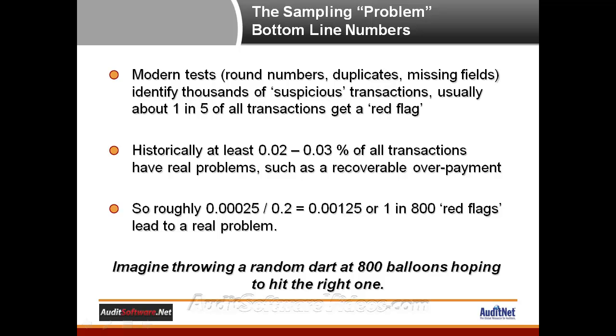So imagine throwing a random dart at 800 balloons hoping to hit the right one. That tends to be what sampling is if it doesn't start to do things like scoring and stratification. Unless those things are brought into the sampling, it's just a random sample, and you have a very, very low chance of ever finding anything wrong.